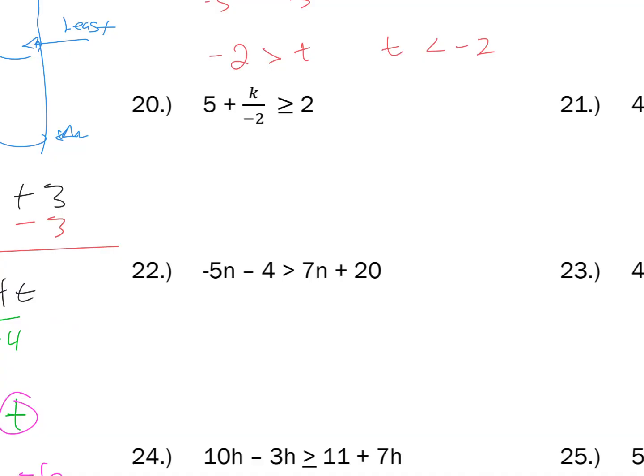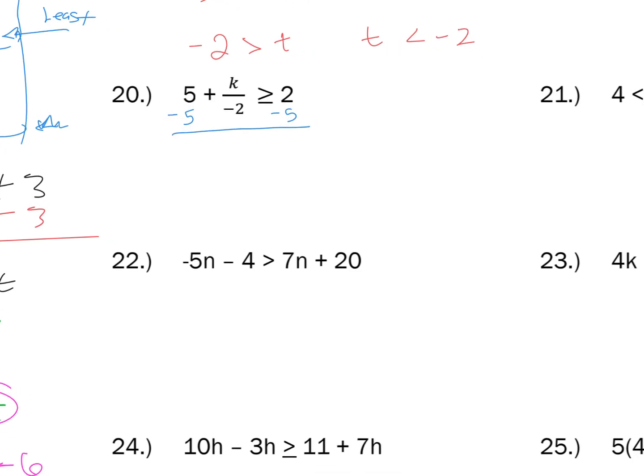20. Let's subtract 5 first. You might really want to multiply by that -2 first. I've seen more of you make mistakes doing that than I have seen you make mistakes when you just subtract first. And I think the reason for that is there's less to screw up, so to speak.